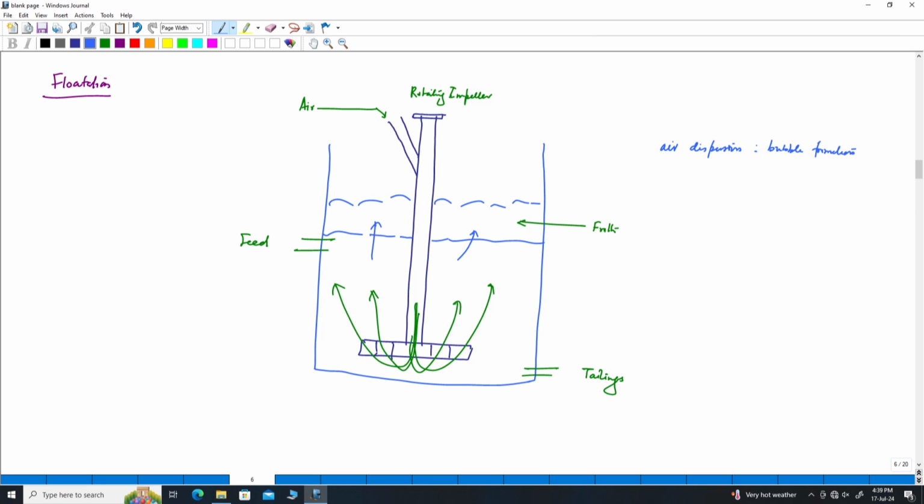What are the different raw materials? Of course, bubble formation is there, and there is the separation of floatable minerals. So we have four different categories of materials. Frothers basically stabilize the froth.